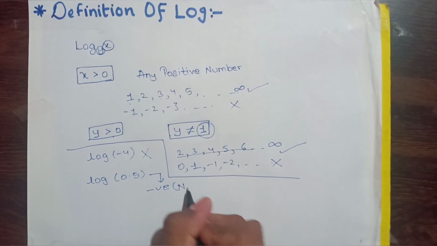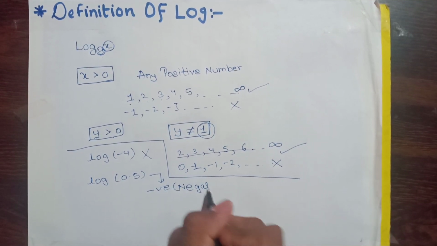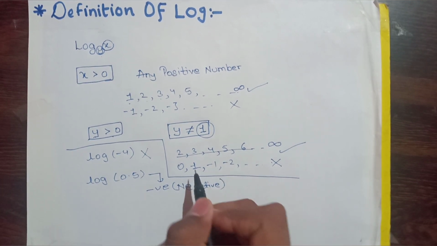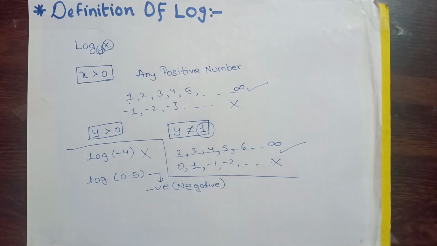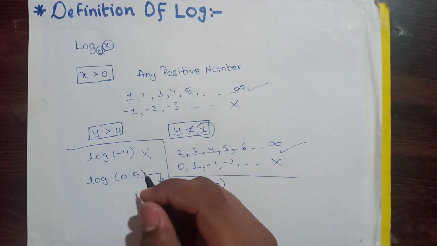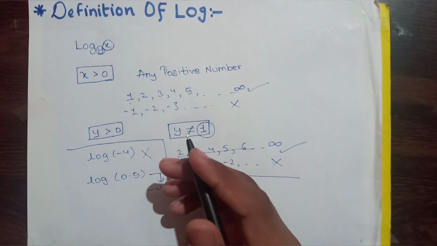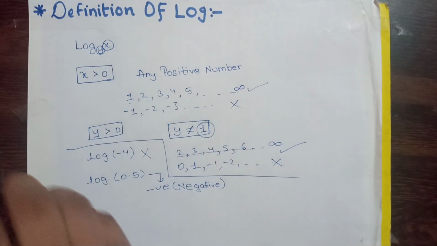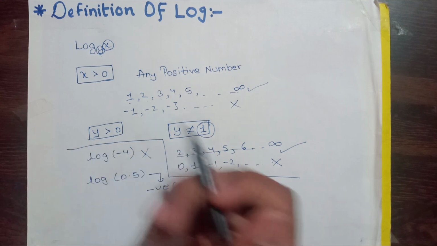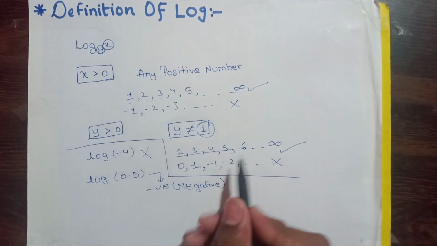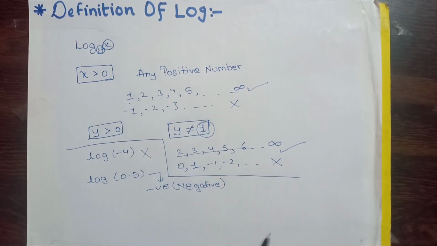If it's log 0.6, 0.7, or 0.01, then also we would consider it to be negative. And one exception is there: if the base is also less than 1, then also it will be negative, although we don't get logs with bases lesser than 1.